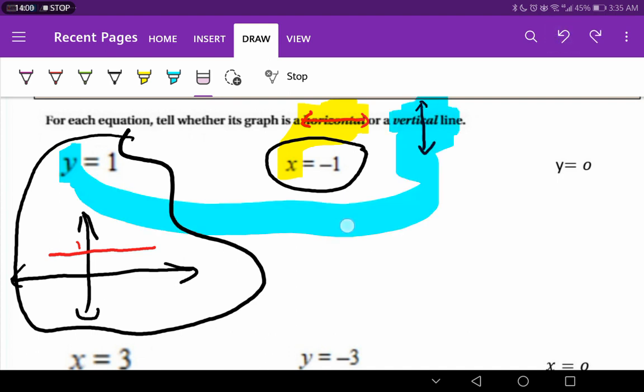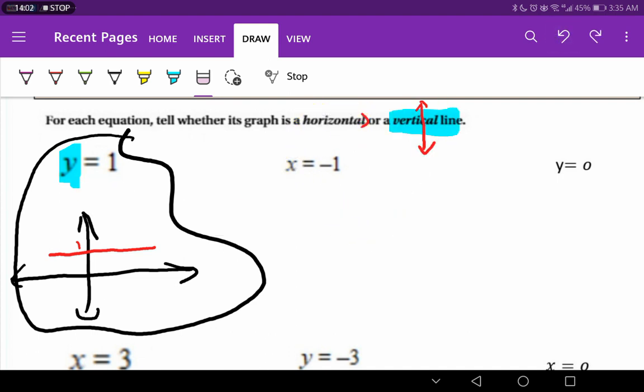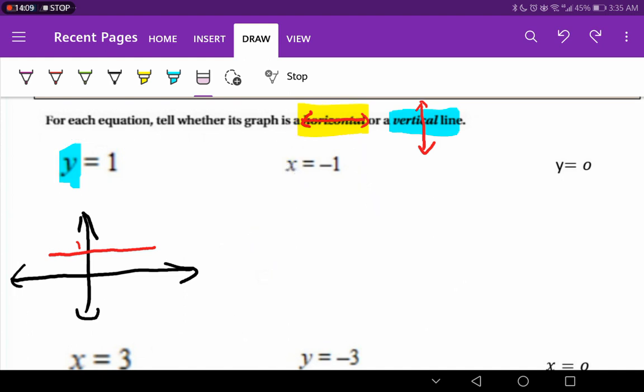Now I will graph this one. I said the x is vertical, yes, all the time the x is vertical, so I will graph this.